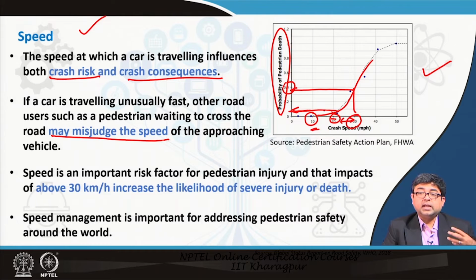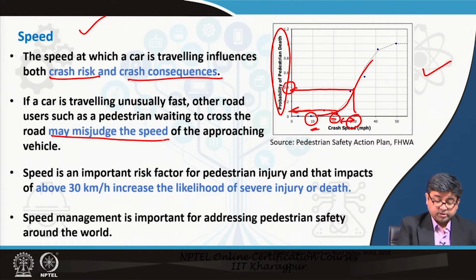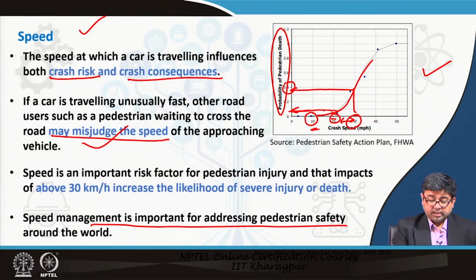Because of the lack of judgment of the speed, he or she may want to cross the road right in front of that speeding vehicle. So, the cause of accident is always higher because of the misjudgment of speed. Hence, speed management is an important issue of addressal around the world when it comes to pedestrian safety.